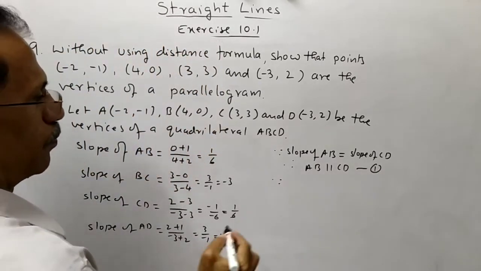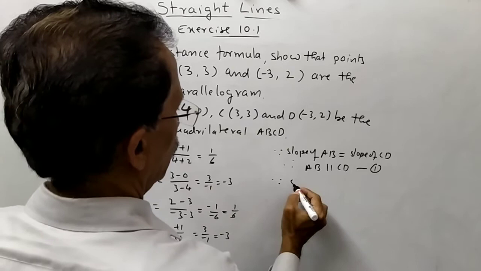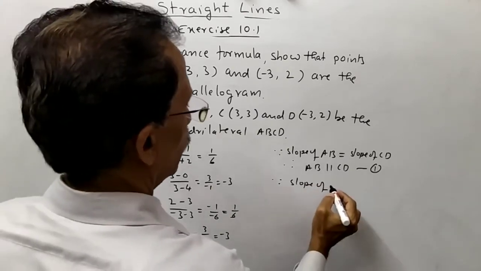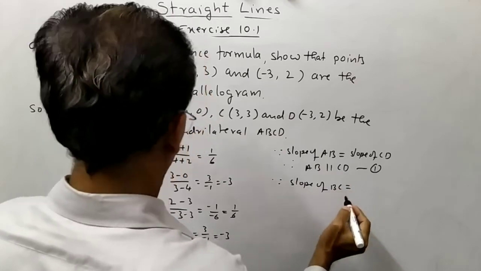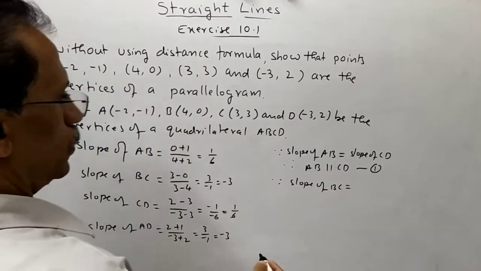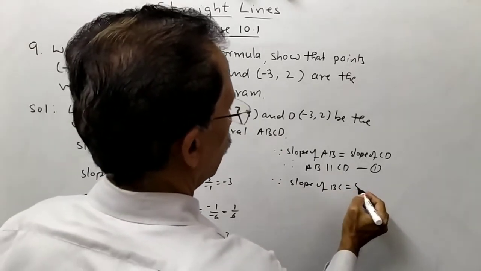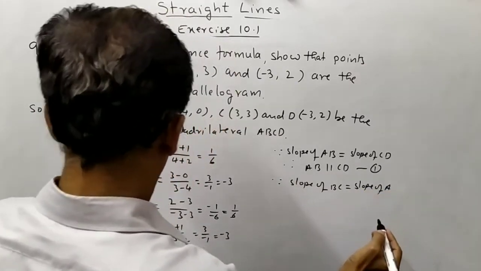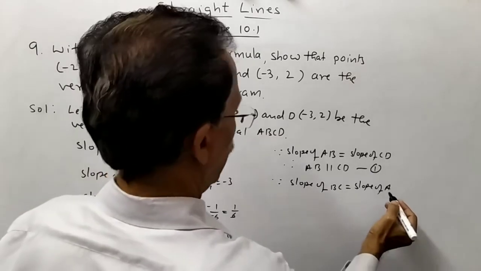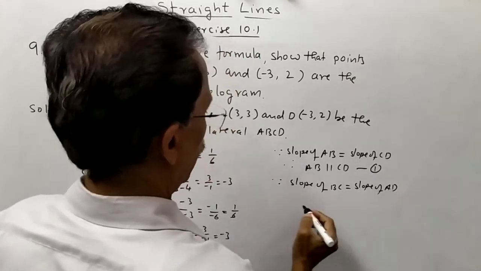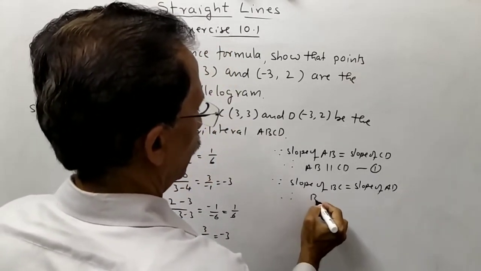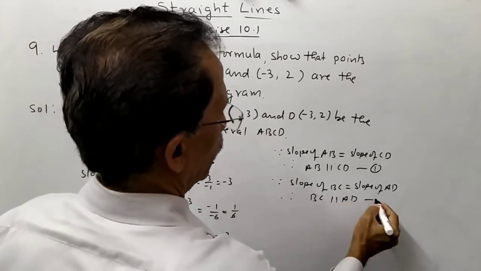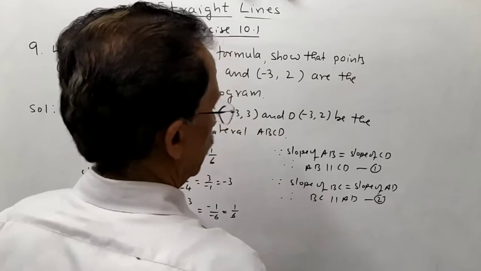Since slope of BC is equal to slope of AD, therefore BC is parallel to AD. Number 2.